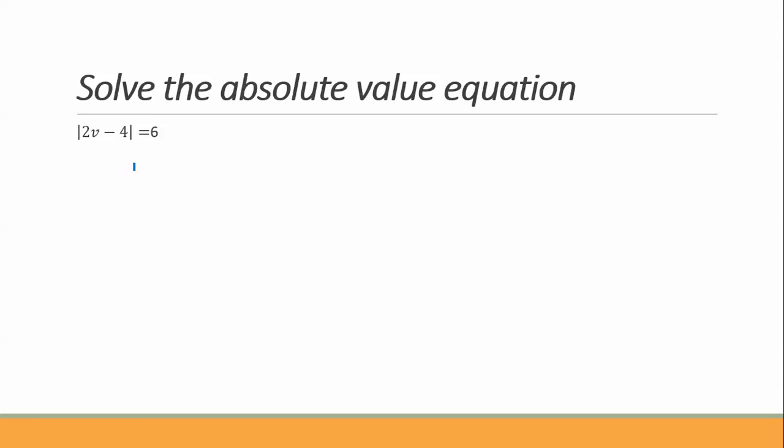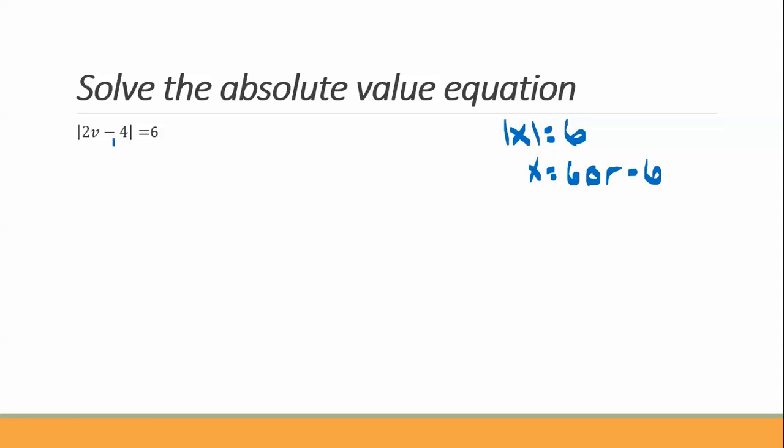Now we want to solve the absolute value equation: the absolute value of 2v minus 4 is equal to 6. If we had the absolute value of x is equal to 6, we would say that x was equal to 6 or negative 6. So what we're saying is what's in the absolute value is equal to positive 6, or what's in the absolute value is equal to negative 6.